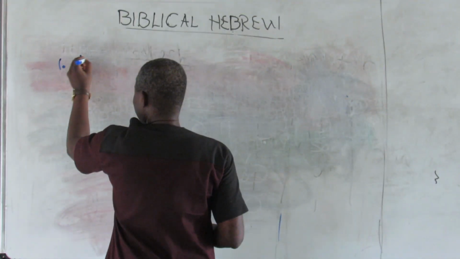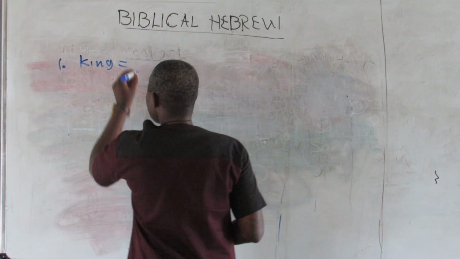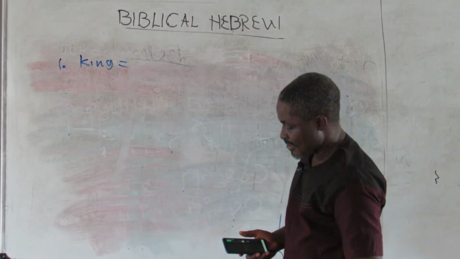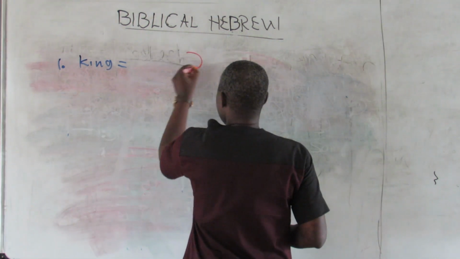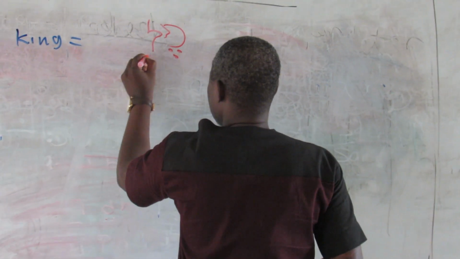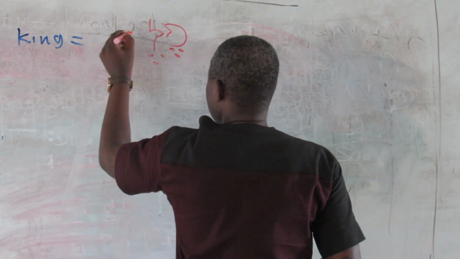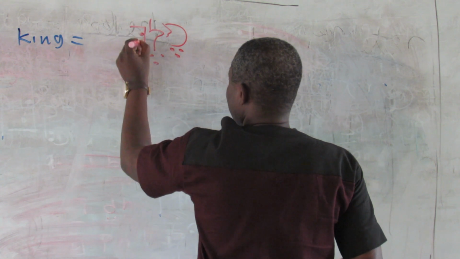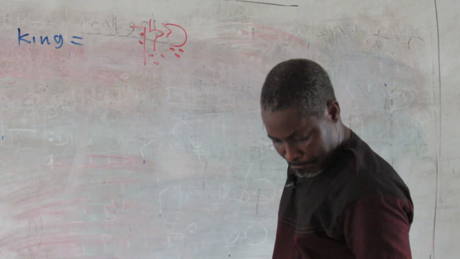The first one is king. What is king in Hebrew? King simply means melek. Melek. That is a final kaf there.